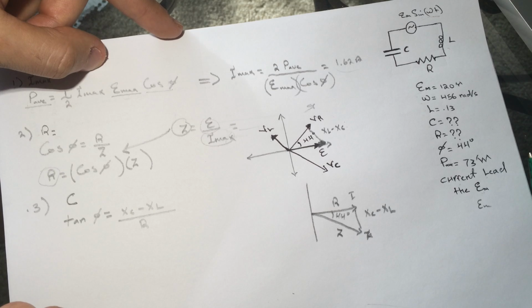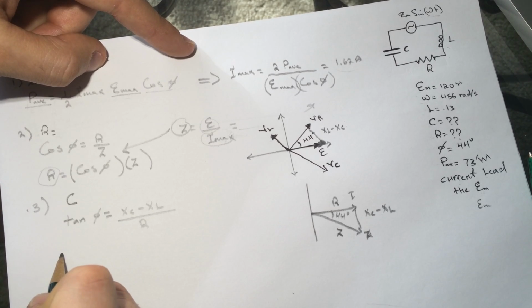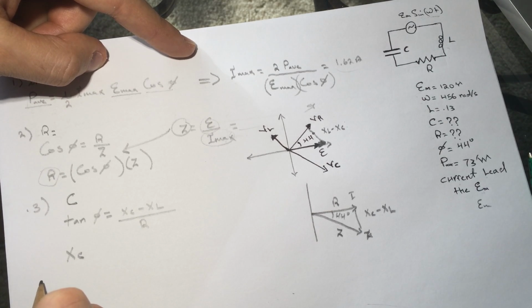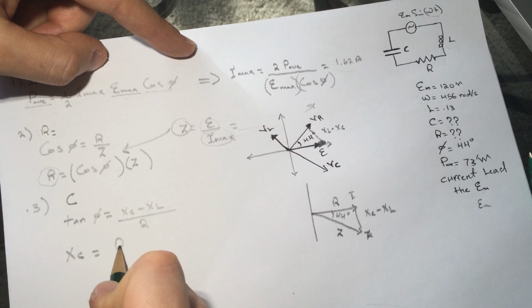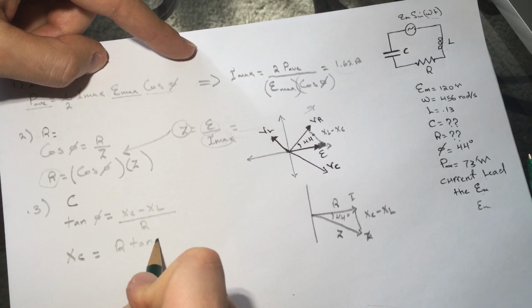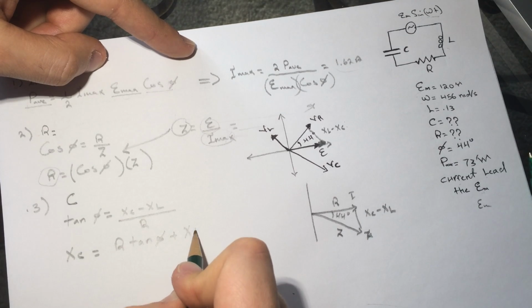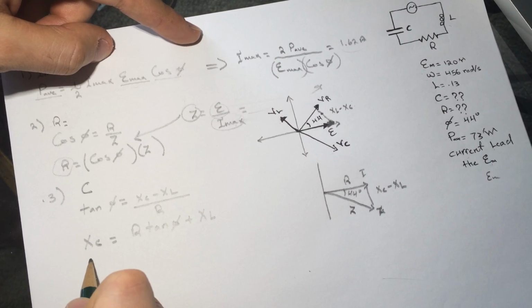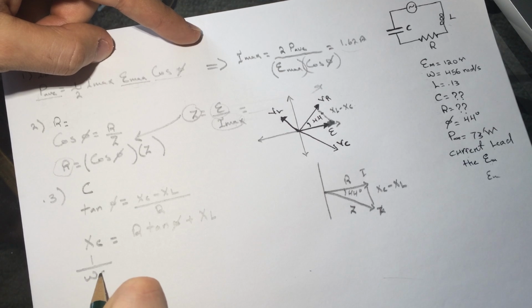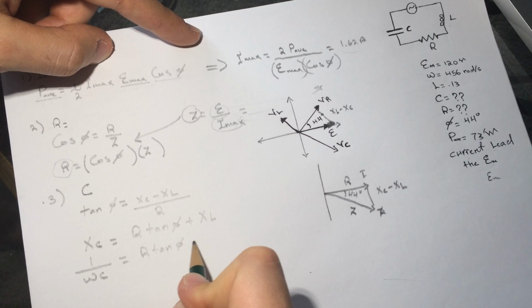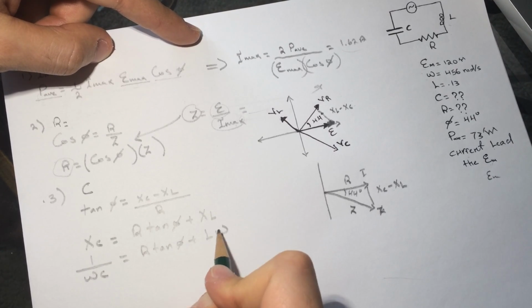So XC will be equal to R tangent phi plus XL. So this one is 1 over omega C equal R tangent phi plus L omega.